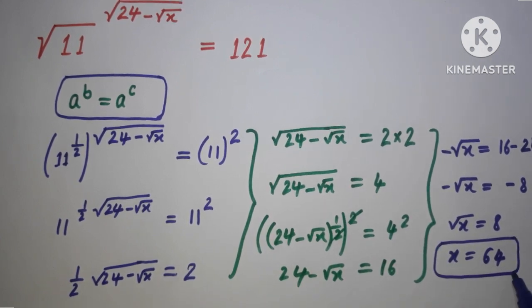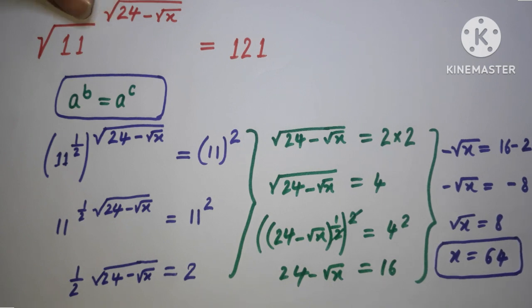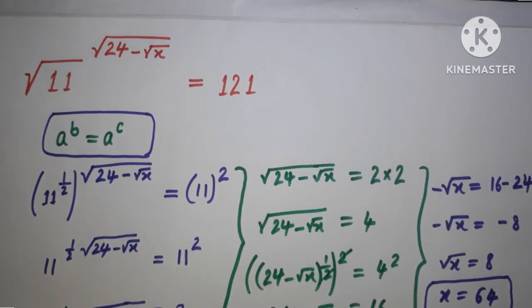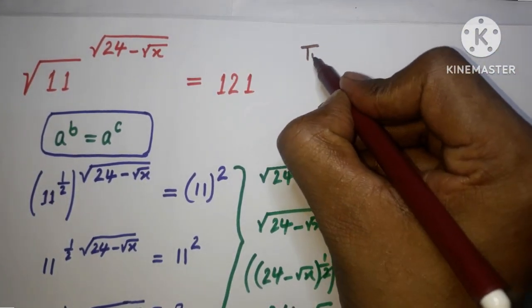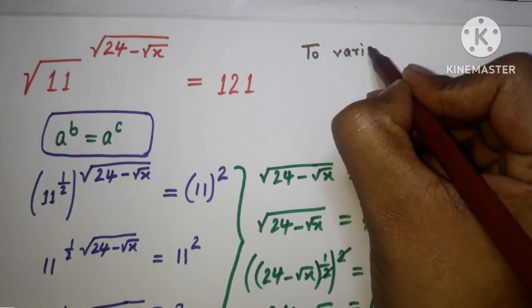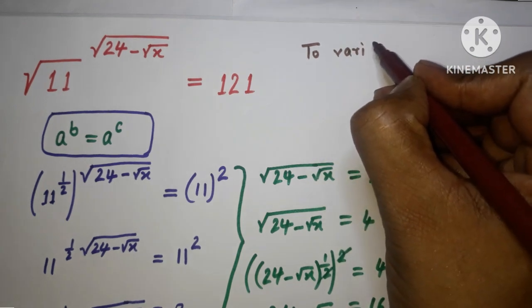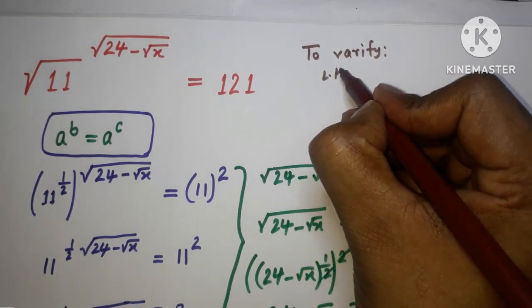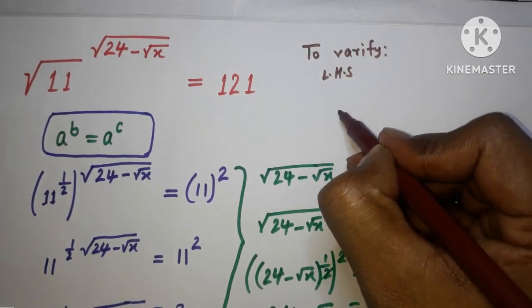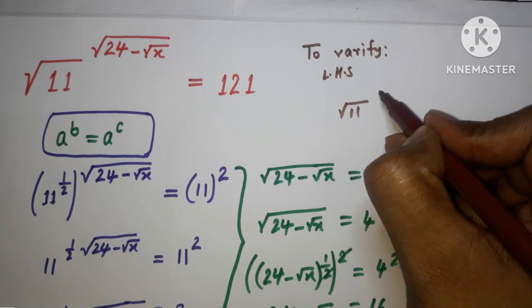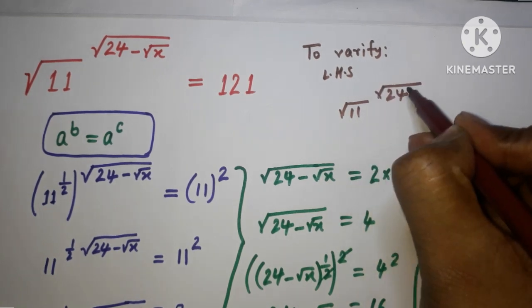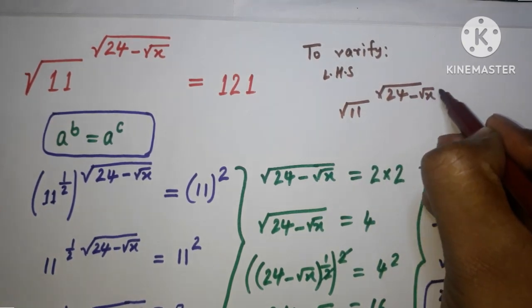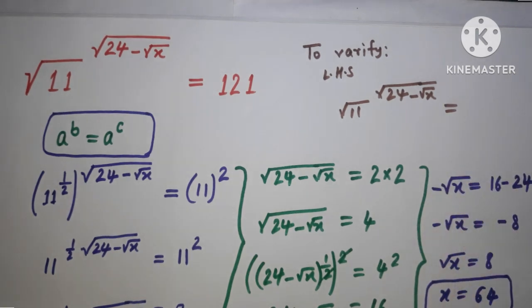Let's check whether it is right or wrong. So we are just going to verify it. To verify, we have to get the LHS term and the RHS term. Here the LHS term is root under 11 to the power (root under 24 minus root under x), and the value of x is 64.